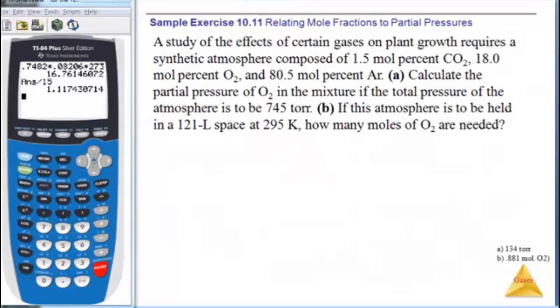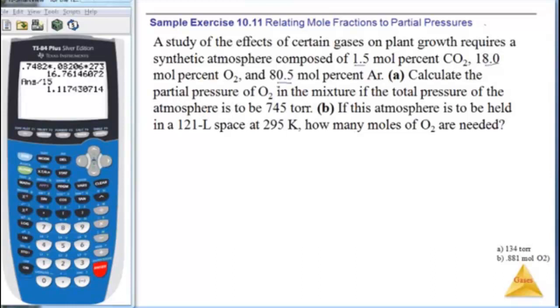Okay, the study of effects of certain gases on plant growth requires a synthetic atmosphere composed of 1.5 mole% of carbon dioxide, 18 mole% of oxygen, 80.5 mole% of argon. Calculate the partial pressure of oxygen in the mixture if the total pressure of the atmosphere is to be 745 torr. Okay, so it looks like all of these, 80.5 plus 18 plus 1.5, add up to 100, right? So I'm just going to take the percent.